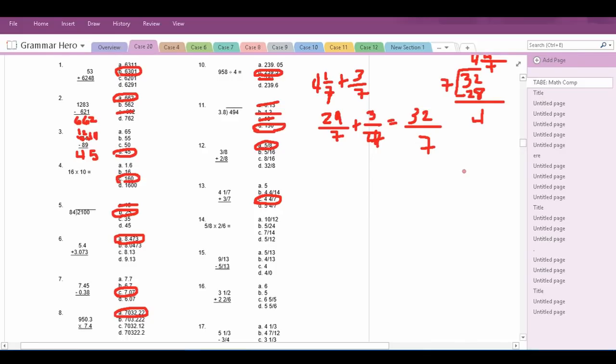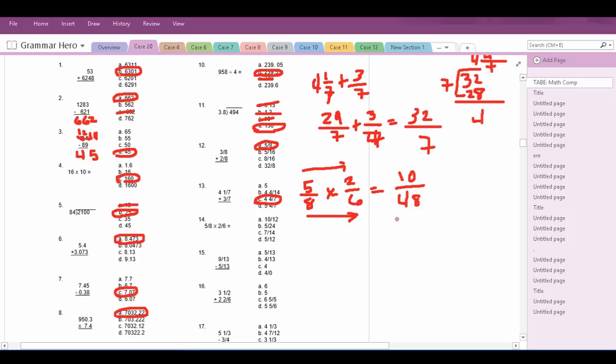Multiplying fractions is very straightforward. We have 5 over 8 times 2 over 6. To multiply fractions, you just multiply top across and bottom across and then reduce. So 5 times 2 is 10. 8 times 6 is 48.